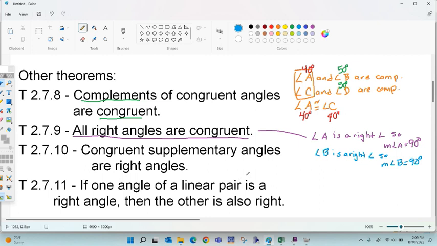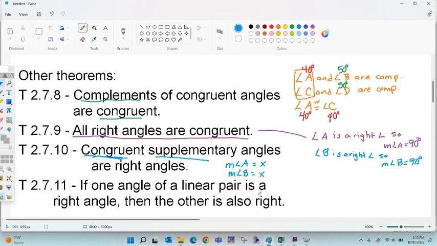Congruent supplementary angles are right angles. Let's think about what that means. If you have two angles that are congruent, that means they equal each other. So the measure of angle A, let's call that X. The measure of angle B, if they are congruent to each other, that would mean that they equal each other.